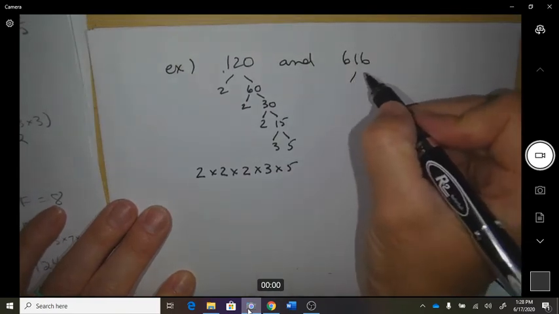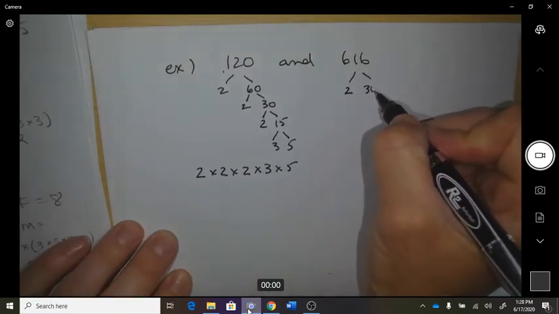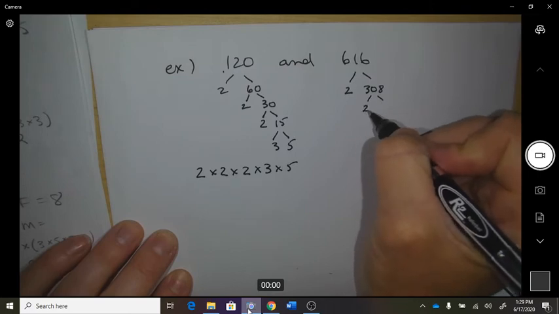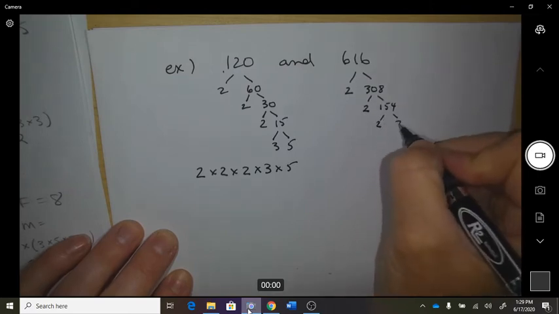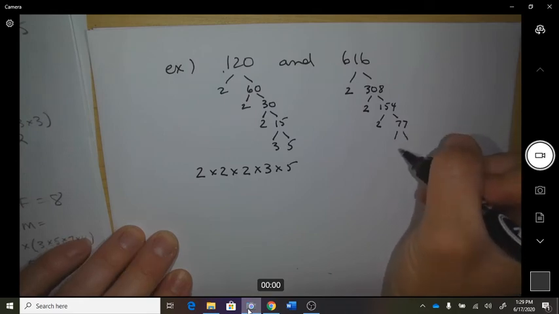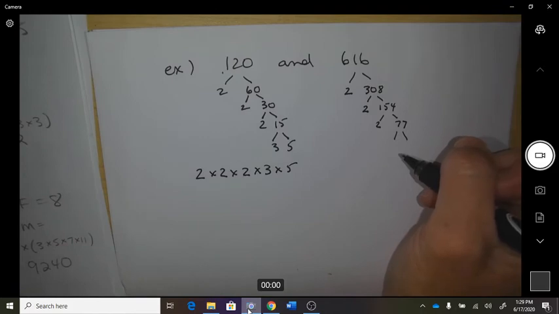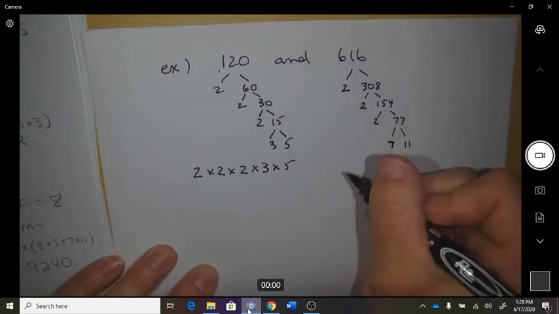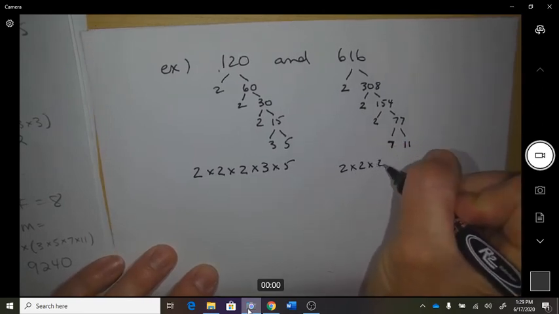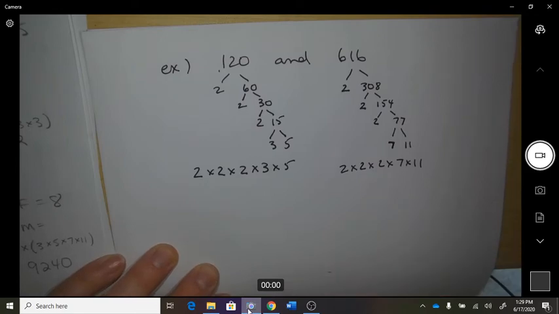Okay, 616. 2 times 308. 2 times 154. 2 times 77. 77, not divisible by 2, 3, 5, but divisible by 7 and 11. And then that is all prime numbers. So 2 times 2 times 2 times 7 times 11.